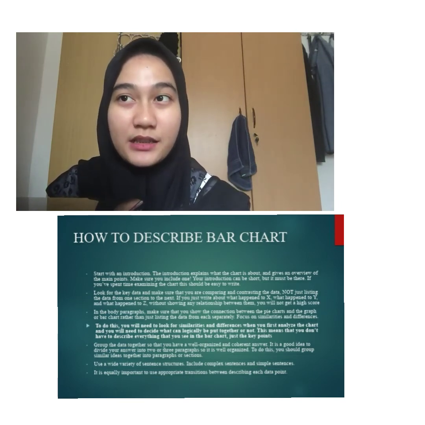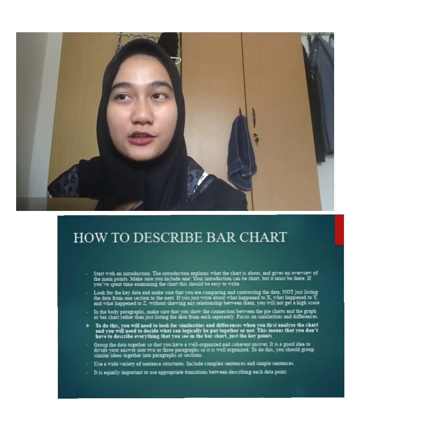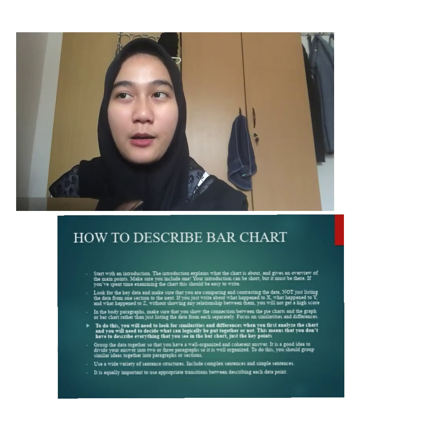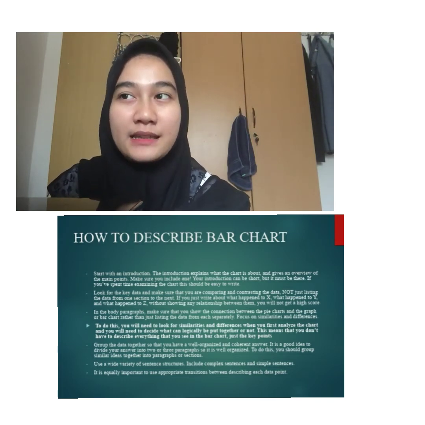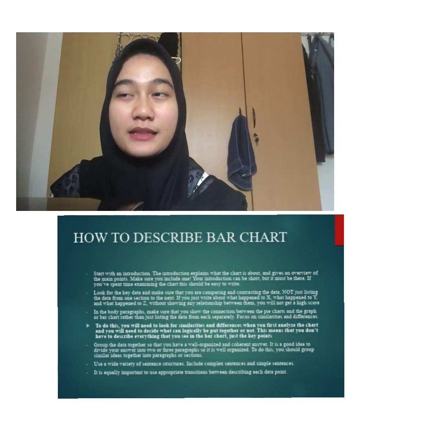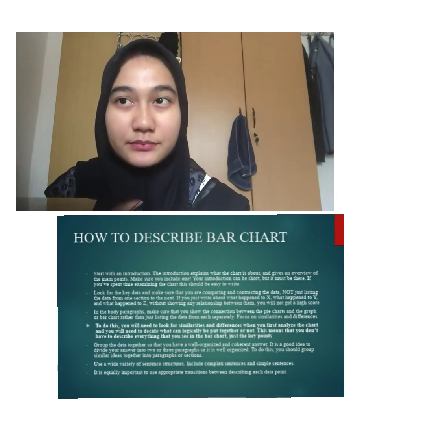To do this, you will need to look for similarities and differences when you first analyze the chart, and you will need to decide what can logically be put together or not. This means that you don't have to describe everything that you see in the chart, just the key points.